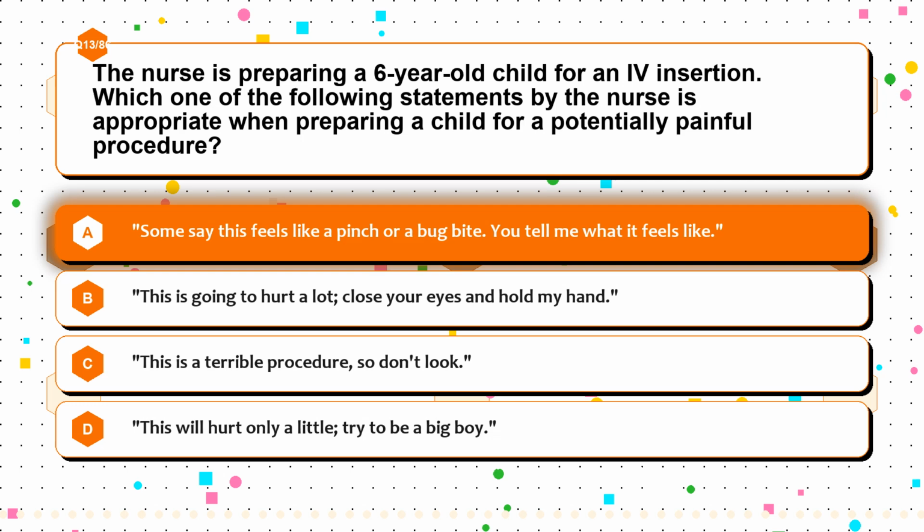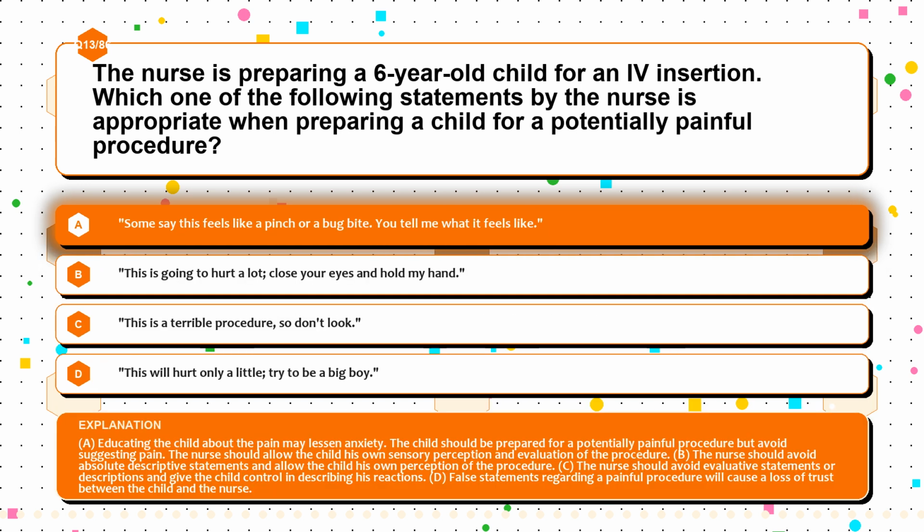The correct answer is option A. Some say this feels like a pinch or a bug bite. You tell me what it feels like. Educating the child about the pain may lessen anxiety. The child should be prepared for a potentially painful procedure, but avoid suggesting pain.